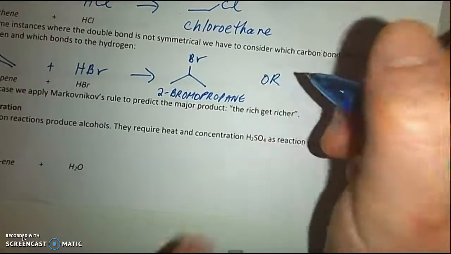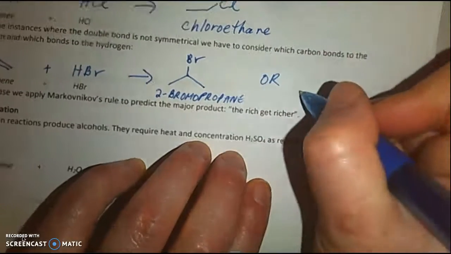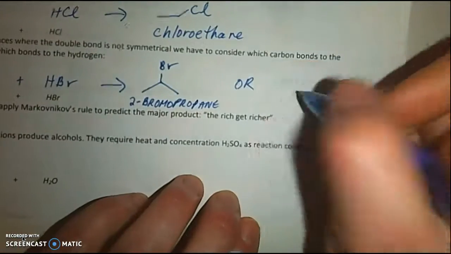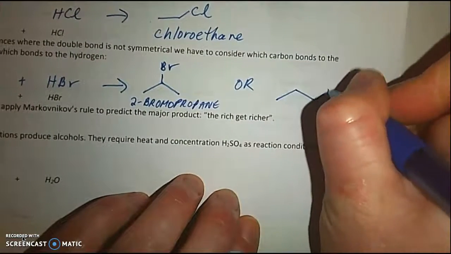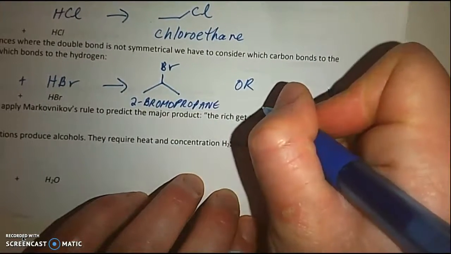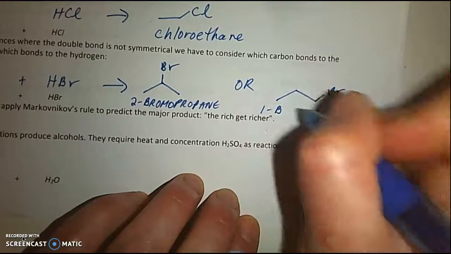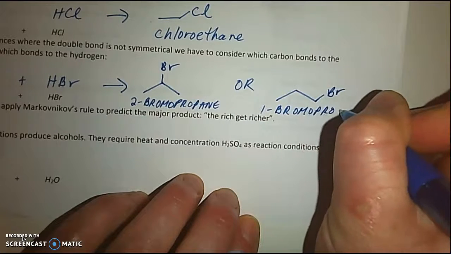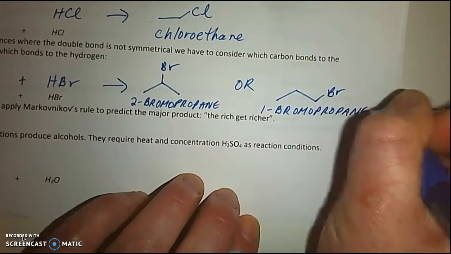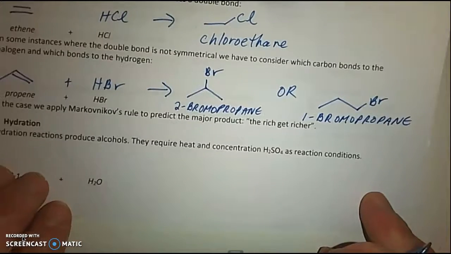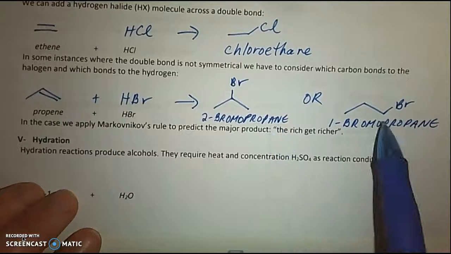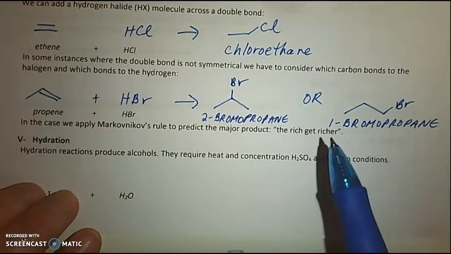Or I might have the bromine add to the carbon on the end, this one right here. So that would be 1-bromo or just bromopropane. And I actually do have a rule that tells me which of those isomers is the major product, okay?